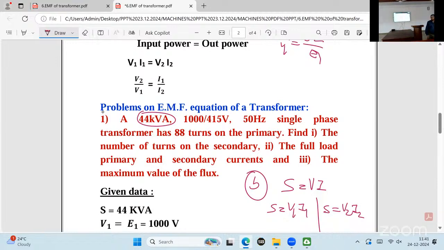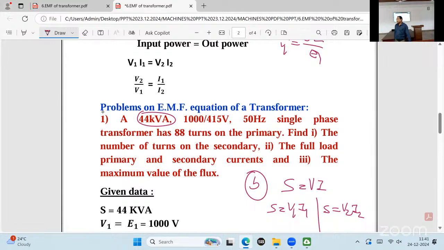Right, what are the formulas? Tell all the transformer formulas from the first. On the primary side, E1 is equal to 4.44 F into N1 into phi m volts.